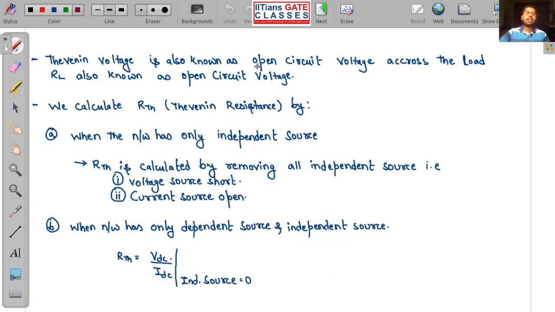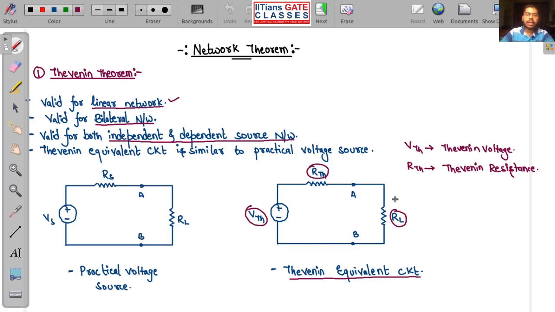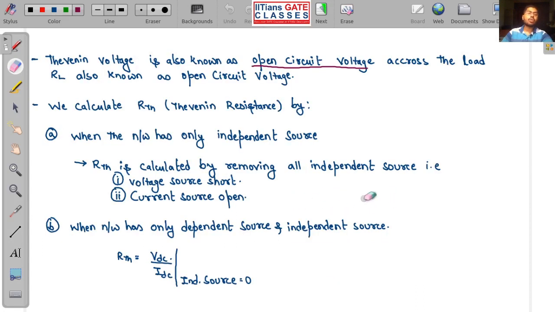Now Thevenin voltage is also known as open circuit voltage. Why? Because to calculate the Thevenin voltage across AB, I am going to open circuit the network from this load terminal and then calculate the equivalent voltage. That is why it is also known as open circuit voltage across the load RL. And for calculating the Thevenin resistance, we have two different methods.